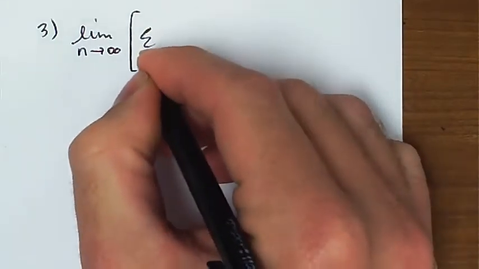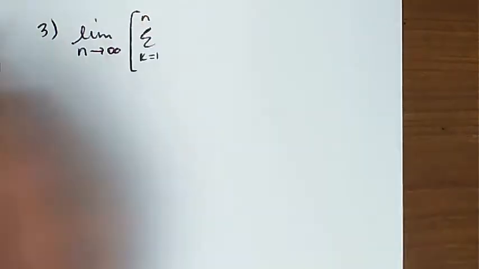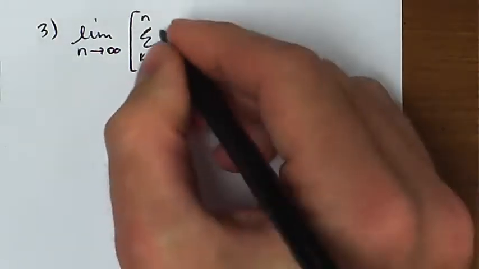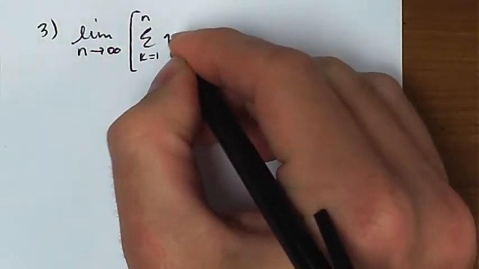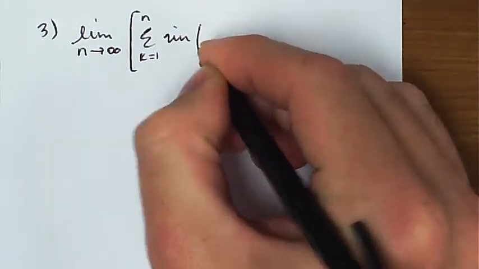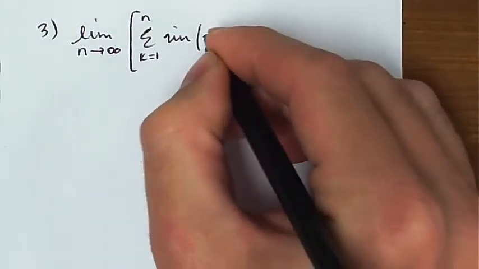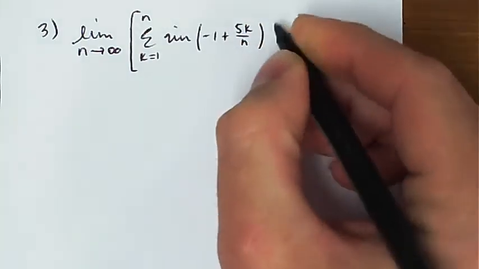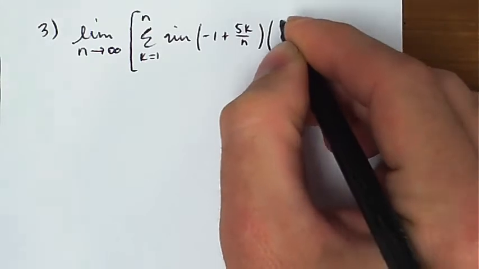So k running from 1 up to n, I need to scroll because this image is huge. Sine of, interesting, sine of negative 1 plus 5k over n multiplied by 5 over n.